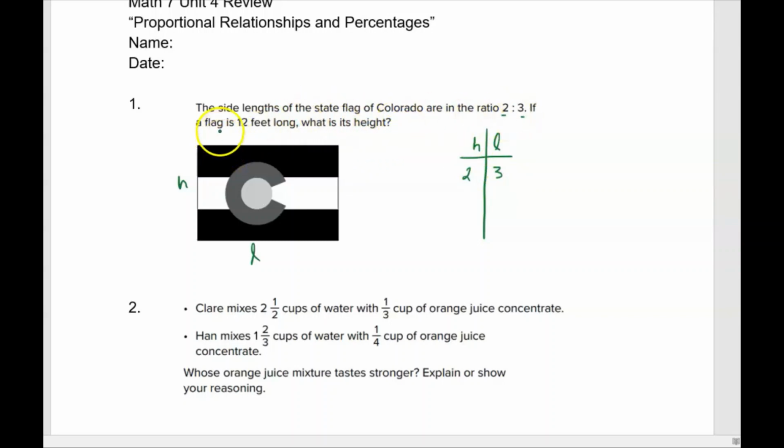And it tells me that the flag is 12 feet long, so under the length, I'm going to put 12. And then I'm looking for this height. The easiest way for me is to say, to go from 3 to 12, I got 4 times bigger. So then if I take 2 times 4, I'll find that missing height, which looks to be 8 feet.